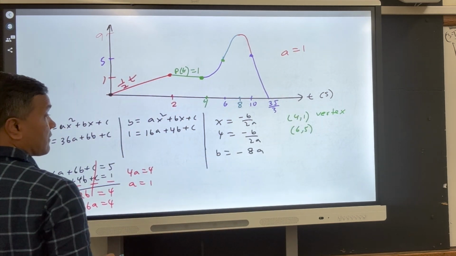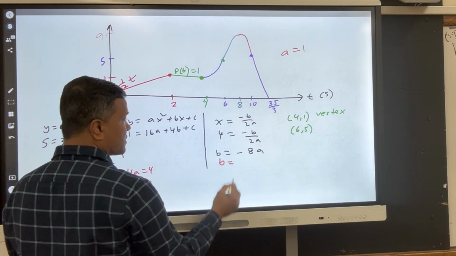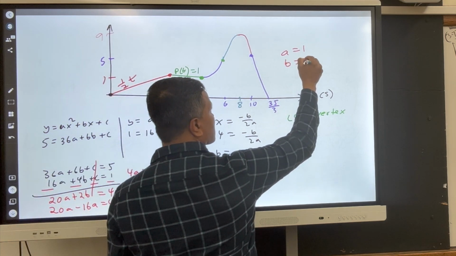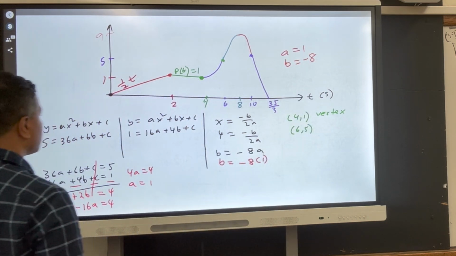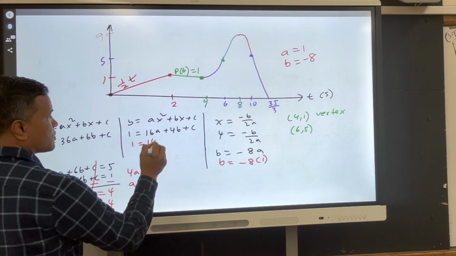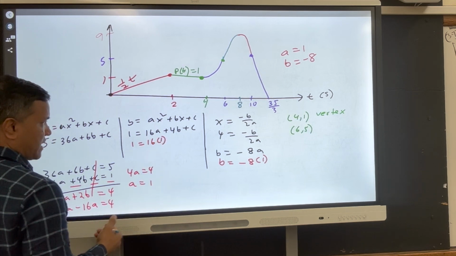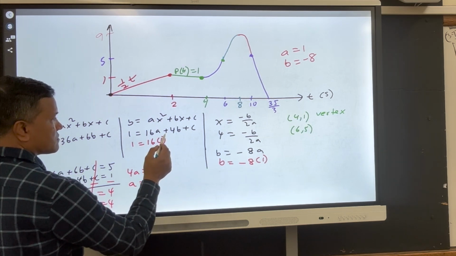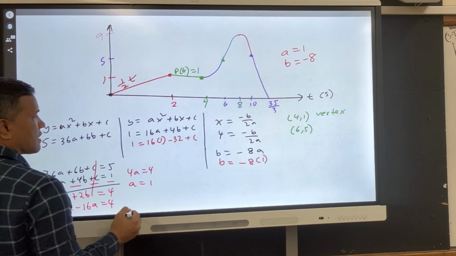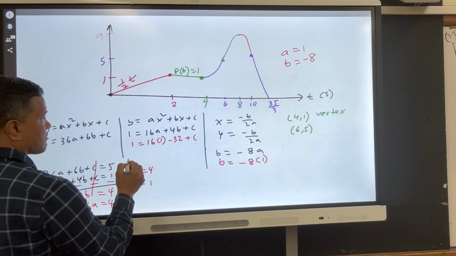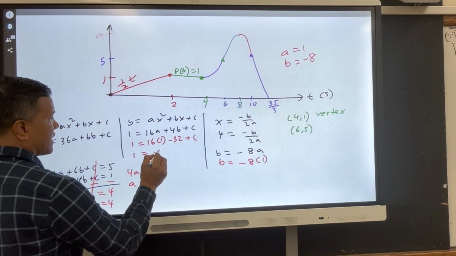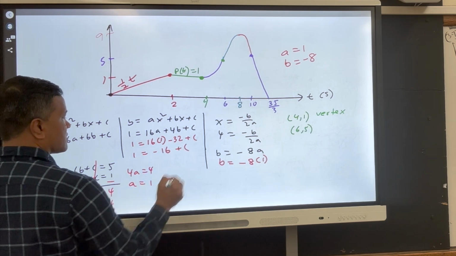Okay, so we know a is equal to 1. That means we know b. What is b? b is equal to negative 8. Then we know c. What is c equal to? All right, let's find it out. So 1 is equal to 16a, where a is equal to 1, and b is equal to negative 8. So 1 is equal to 16 minus 32 plus c, which is negative 16 plus c.